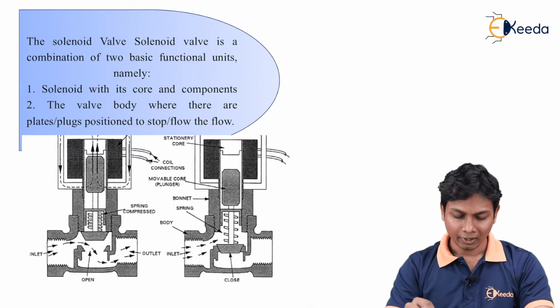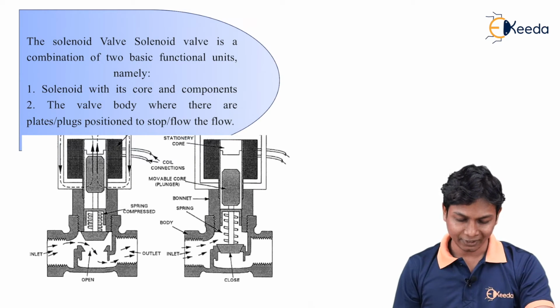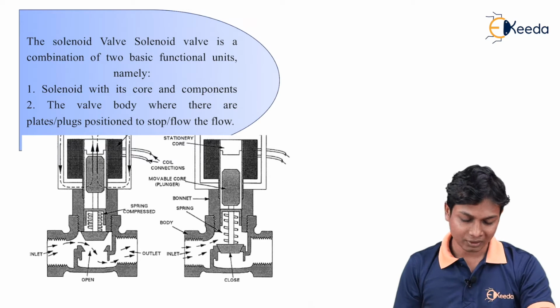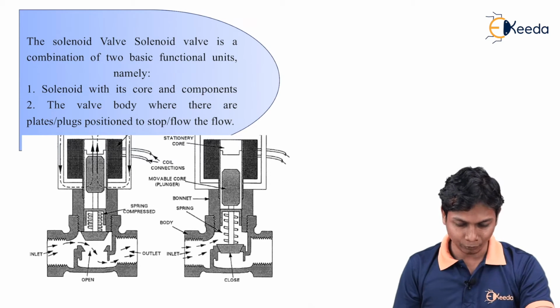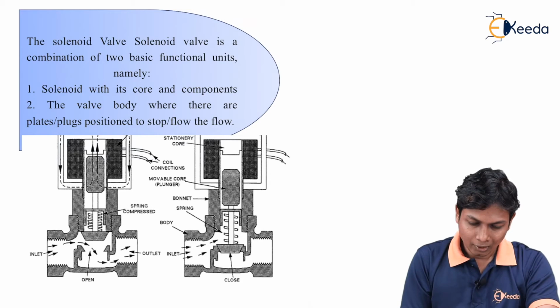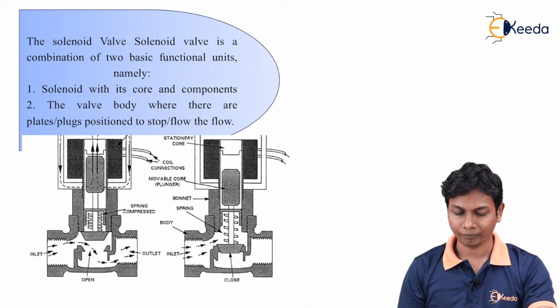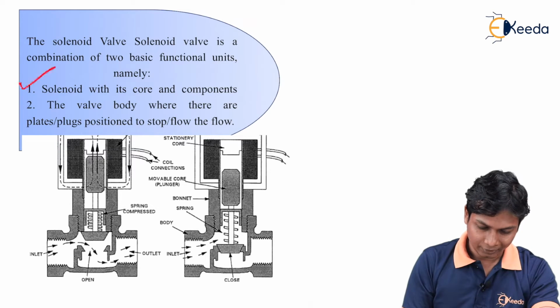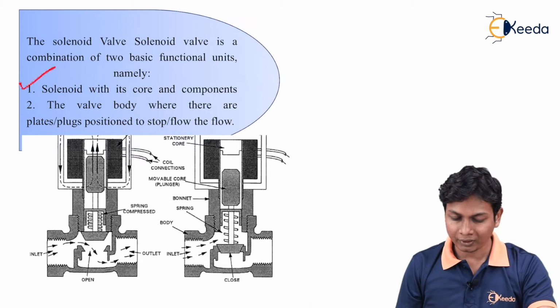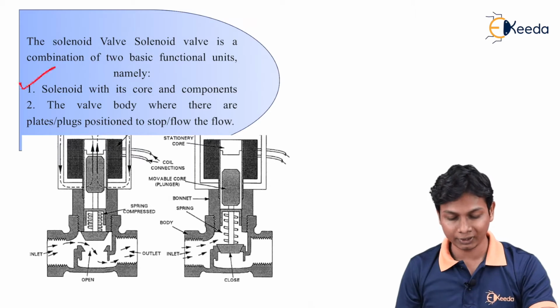Now here you can see the pictorial cross-section view of a solenoid valve, which is a combination of two basic functions. First is a solenoid with the core and its components.